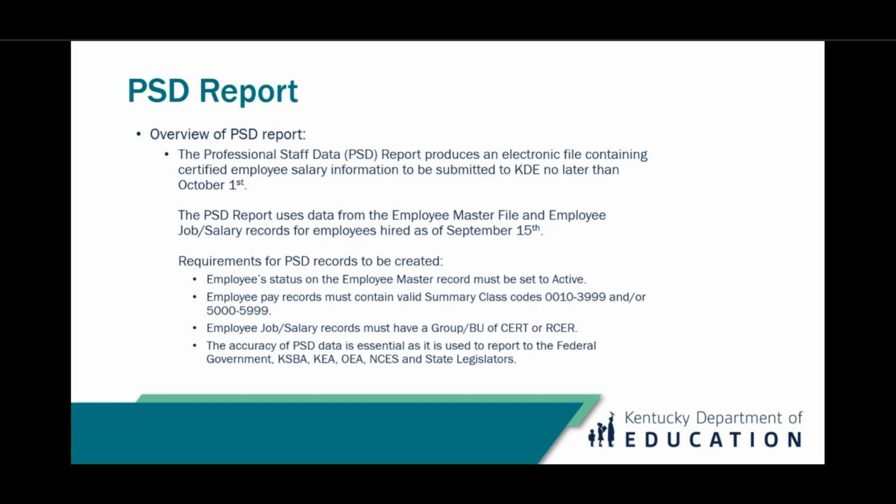Employee pay records must contain valid summary class codes of 0010 to 3999 and/or 5000 to 5999, which are your extra pay. The employee job salary records must have a group VU of CERT or RCER. And the accuracy of PSD data is essential as it is used to report to the federal government, KSBA, KEA, OEA, NCES, and state legislators, as Crystal mentioned earlier in the presentation.